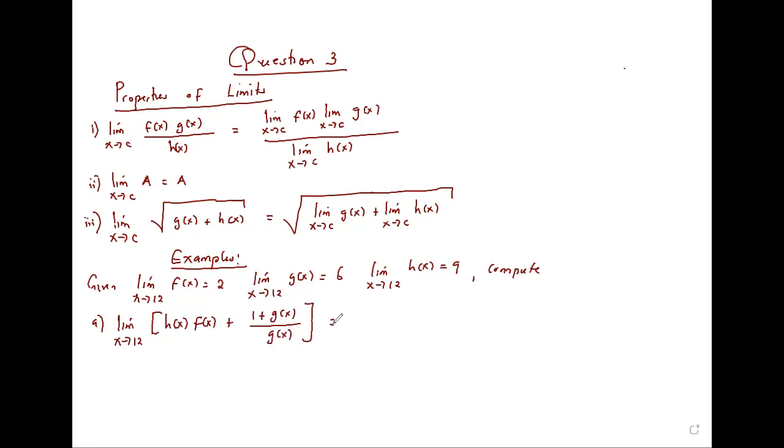So following the properties, this is the same thing as the limit as x goes to 12 of h of x, the limit as x goes to 12 of f of x, plus the limit as x goes to 12 of 1, plus the limit as x goes to 12 of g of x, over the limit as x goes to 12 of g of x, like that.